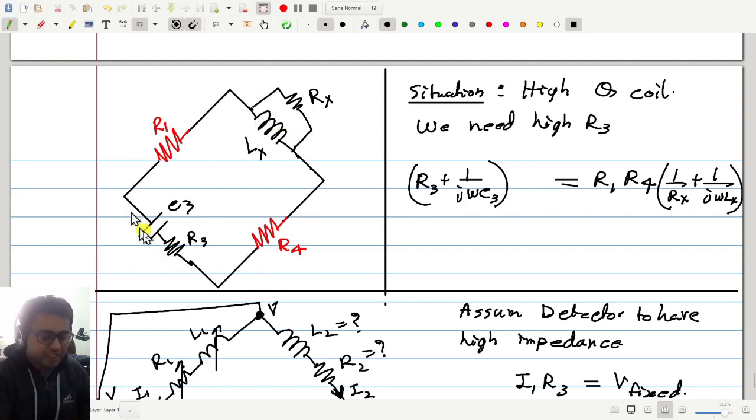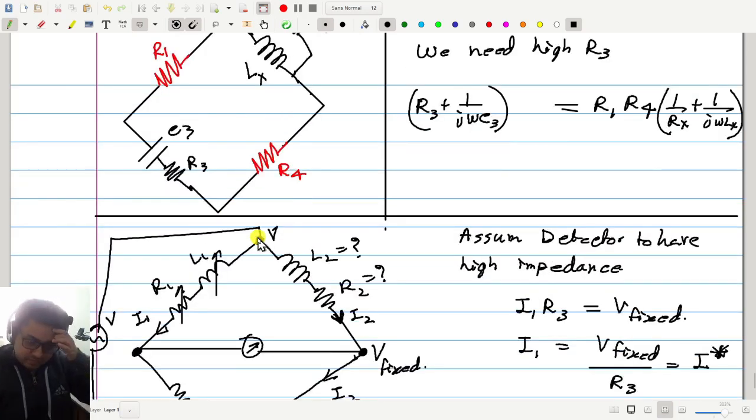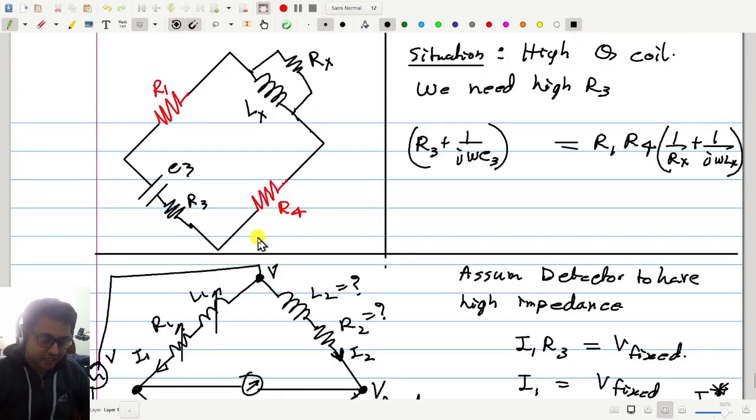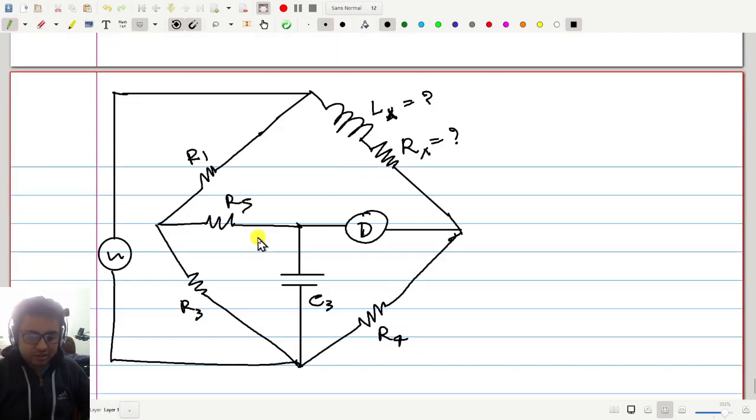Most likely this bridge is called the Hay bridge. Then for some other particular range of Q factor, Anderson found that Maxwell's bridge or Hay bridge is not very suitable, and for that he designed this peculiar bridge.